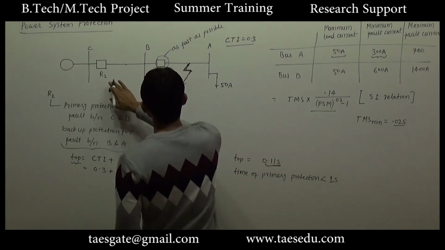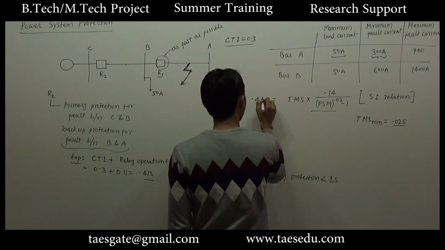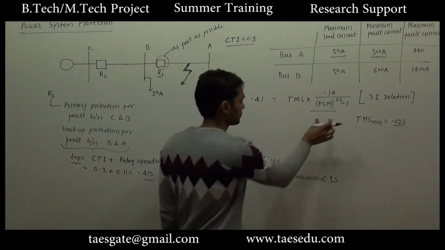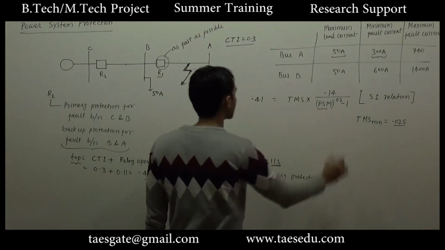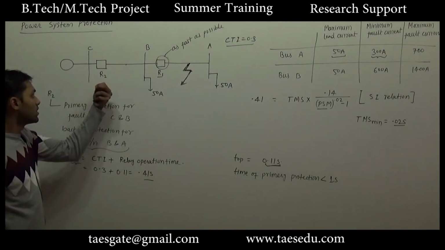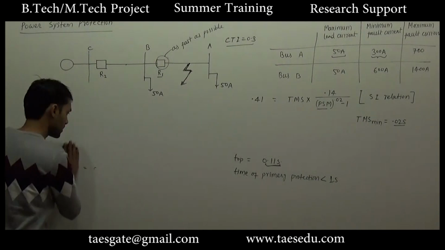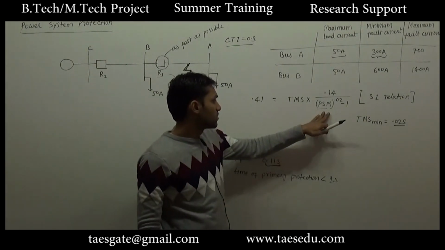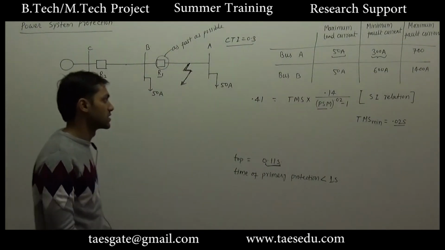So for relay 2, for the backup protection, we already have the value of operation time. Now we have to find out the value of plug setting multiplier for relay 2 to provide backup protection. If we have the value of plug setting multiplier, we can find out the value of time multiplier setting.